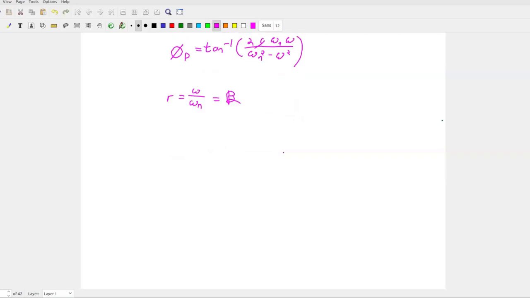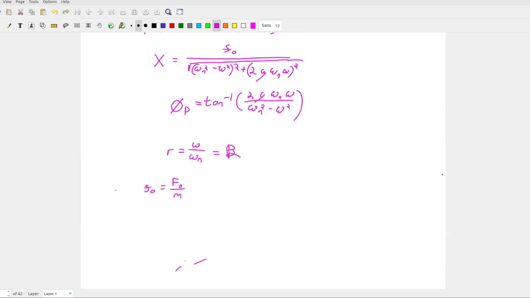So from this, recalling that f naught is equal to capital F naught over m, and if we want to factor out some omega n squared from our X term before, so we have this X term up here, let's factor out some omega n squared and put back in our capital F naught.